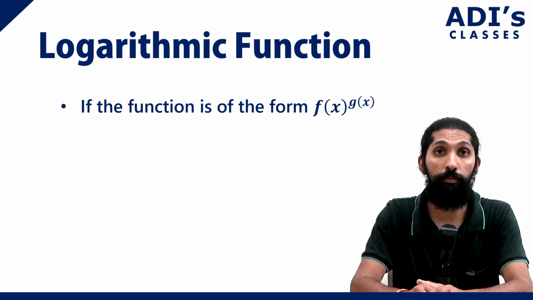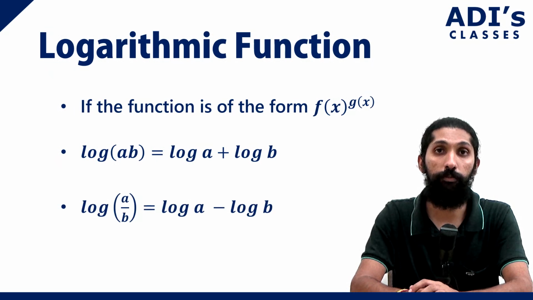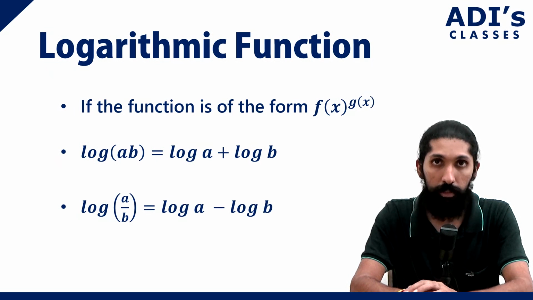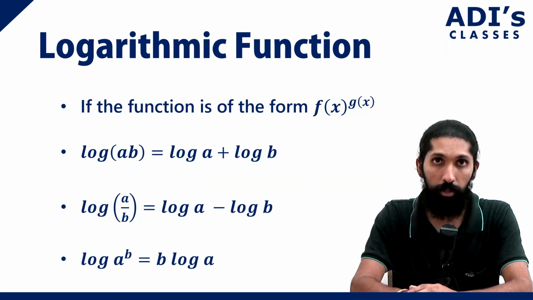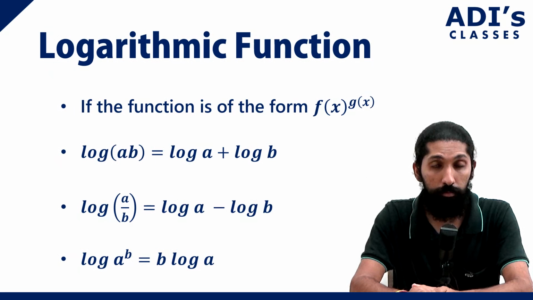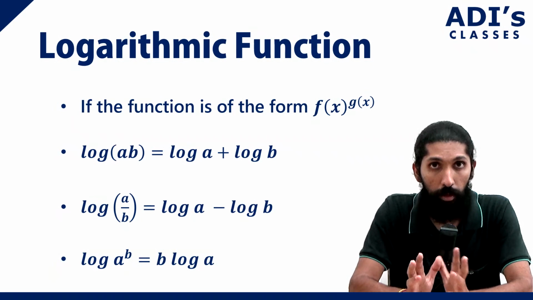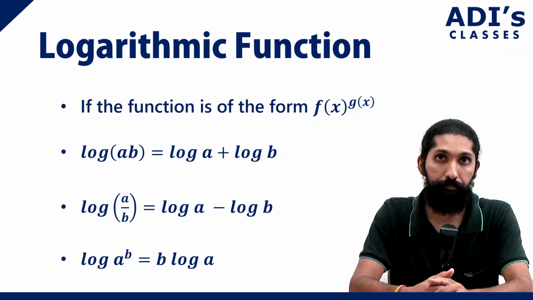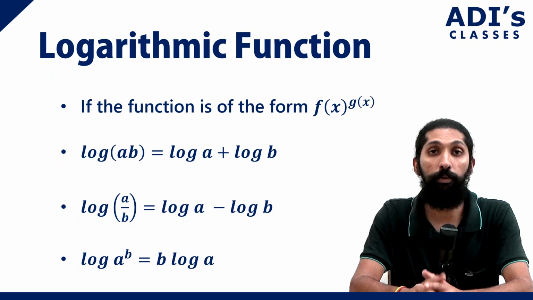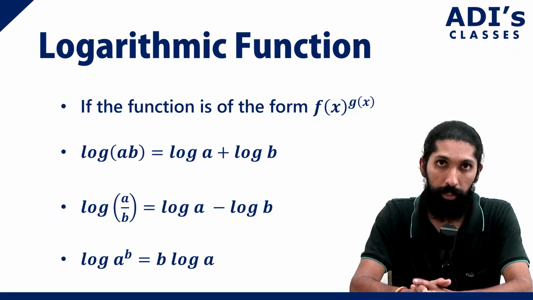Log of AB is log A plus log B. Log of A by B is log A minus log B. Log A power B is B log A. These are the three major logarithmic rules we use. Once you apply these laws, the function gets simplified.